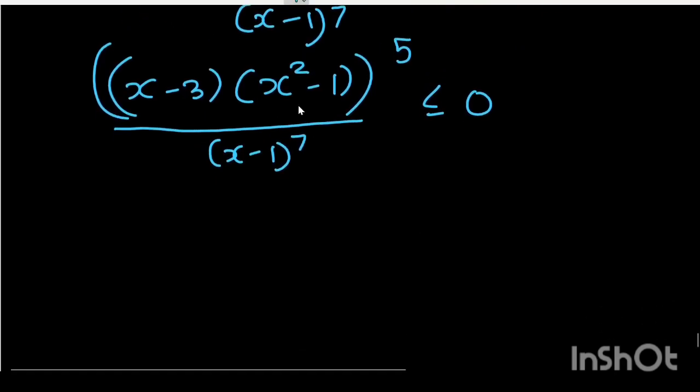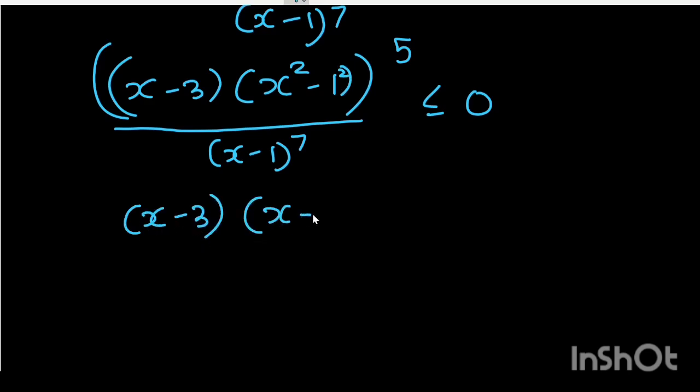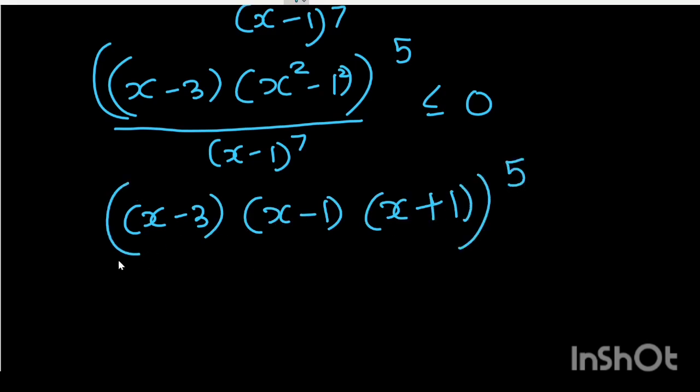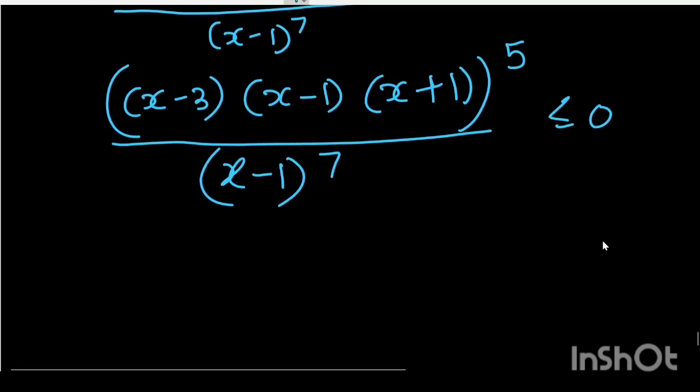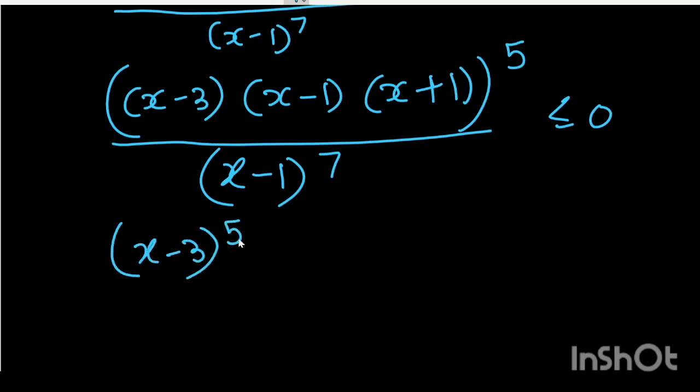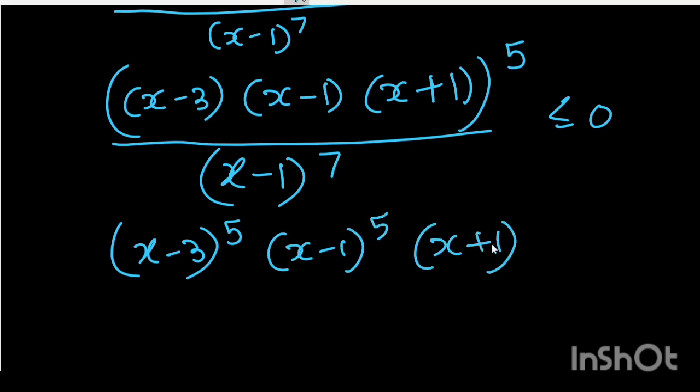Now x square minus 1 is x square minus 1 square, which is a square minus b square. So we have (x minus 3) as usual, and (x minus 1) into (x plus 1), whole to the power 5, upon (x minus 1) to the power 7, less than or equal to 0. Now the power gets distributed over x minus 3, x minus 1 and x plus 1. The denominator is the same.